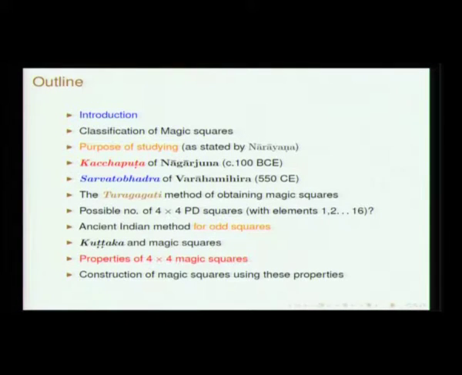And so, we will start with the 4 by 4 magic square, which is actually called Samagarbha, and PD here refers to pan diagonal. So, we will quickly see what pan diagonal means and how many pan diagonal magic squares can be constructed. This is an interesting question which has been posed by Narayana Pandita in his Ganita Kaumudi, and he also gives an answer.